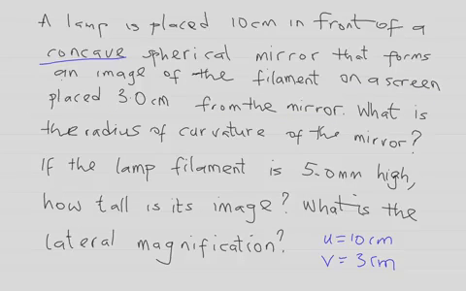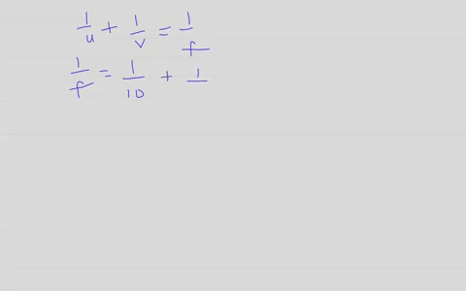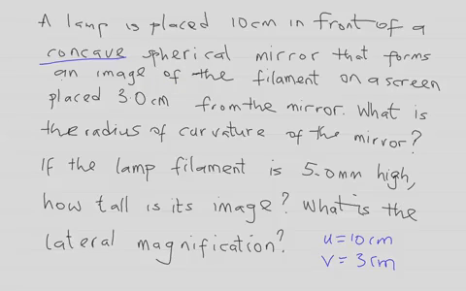What is the radius of curvature? So let's do that first. 1 over U plus 1 over V is equal to 1 over F. So 1 over F now is equal to 1 over 10 centimeters plus 1 over 3. Sorry, I need to change something here. The question is given in meter, so I'm going to change this now to meter.